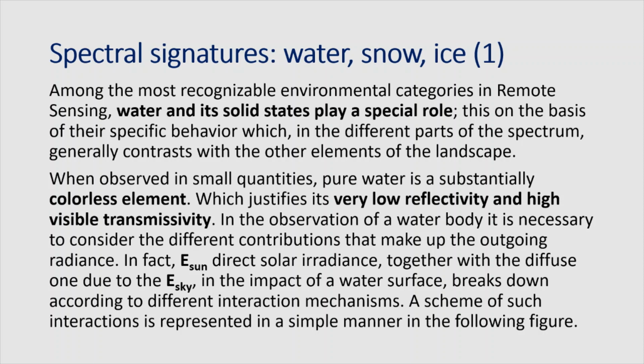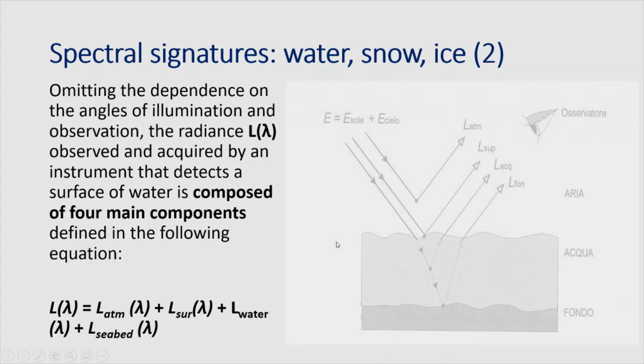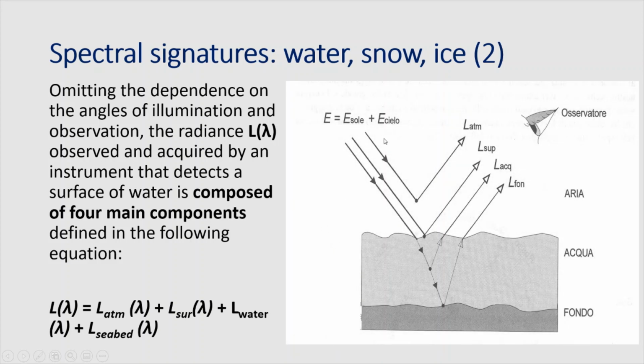A scheme of such interactions is represented in a simple manner in the following figure. So, when we look at this particular figure, I'm sorry, this is partly in Italian, but it omits the dependence on the angles of illumination. So we are not really interested in the incident angle of this radiance, this electromagnetic energy that is coming from the sun.